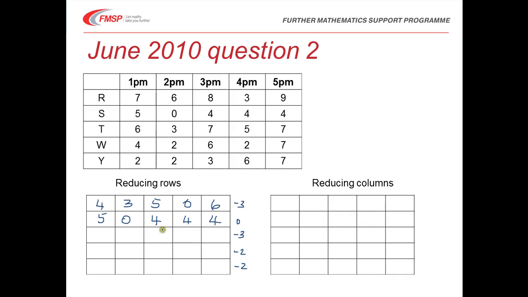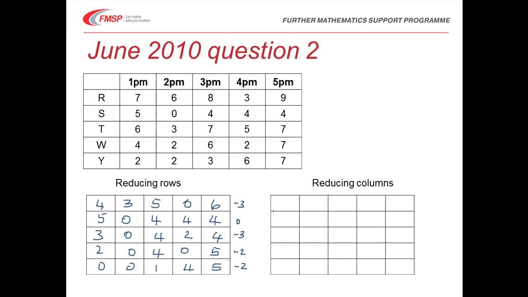And then the next one we're taking away 3, so it's 3, 0, 4, 2, 4. Taking away 2, so it's 2, 0, 4, 0, 5. And then 0, 0, 1, 4, 5. So we have now reduced our matrix by rows.